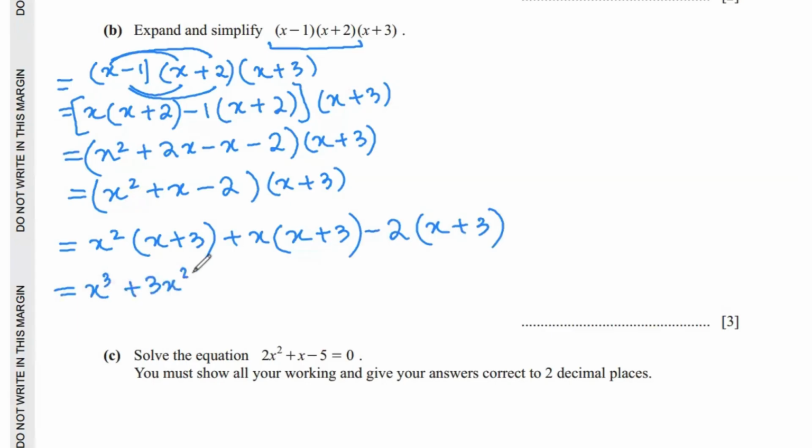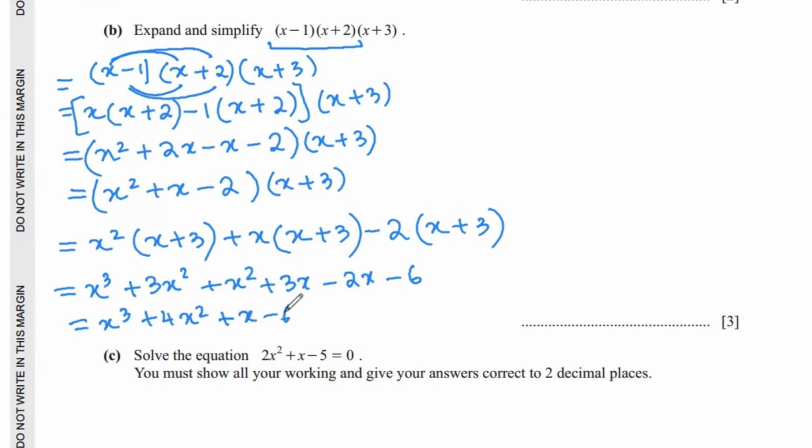Remember, when you're multiplying the same variables, you don't add them, your power changes. So x squared times x is x cubed. It's not 2x squared or 3x squared, you add the powers. This would be x squared plus 3x minus 2x and minus 6 over here. X cubed plus 4x squared plus x minus 6.